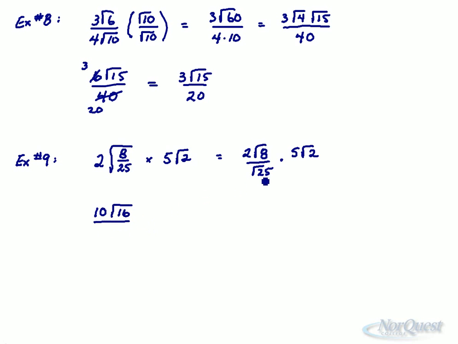The bottom, square root of 25, is 5. Divide this out. 5 goes into 10 twice. Root 16 is 4, so I end up with 2 times 4. Well, that one simplified really nicely to be 8.